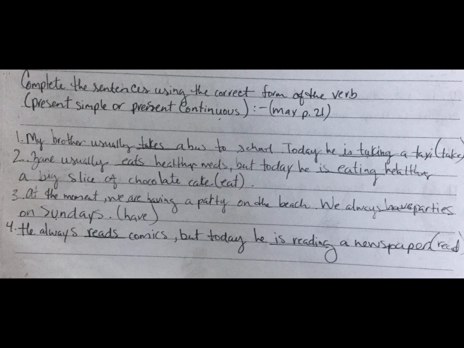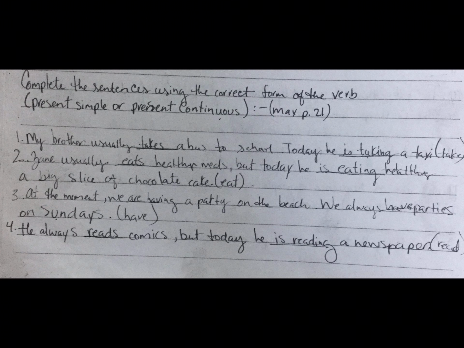And when we see always or usually, we add an S. So that's like a trick to remember when to add an S and when to add ing. Today he is, so we have today, so we know to add ing. Usually and always, we add an S.